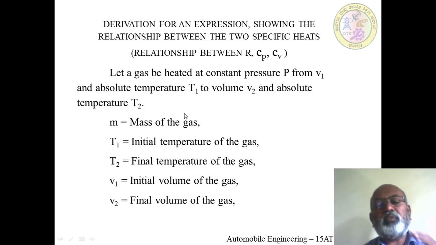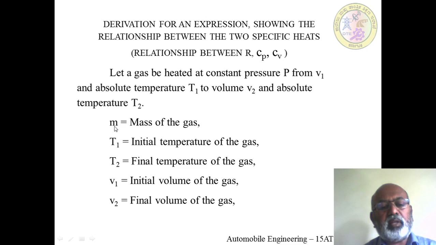Initially, we start with the gas at initial volume V1 and initial temperature T1. After heat is supplied for a specific time and the temperature increases, we take the final temperature as T2 and final volume as V2.